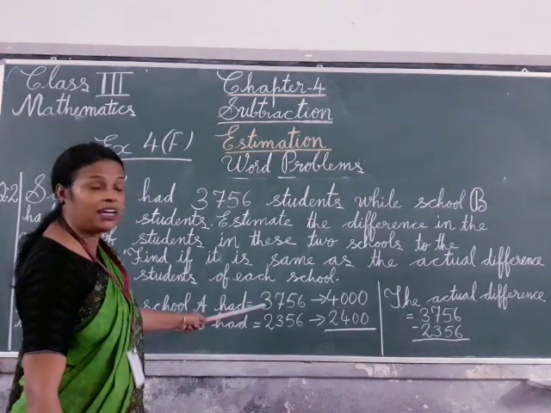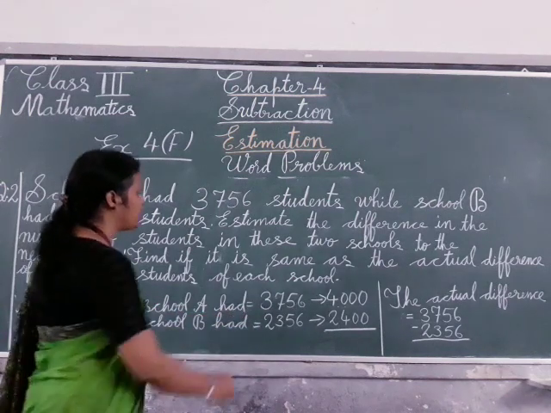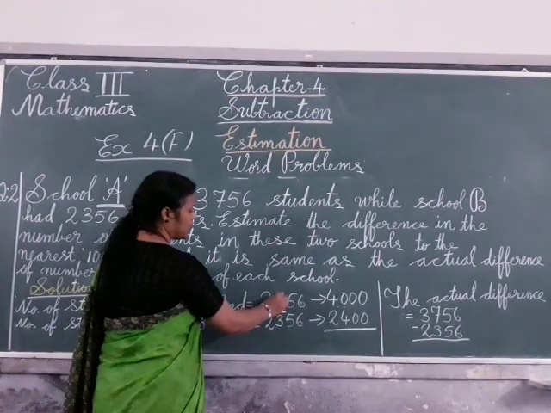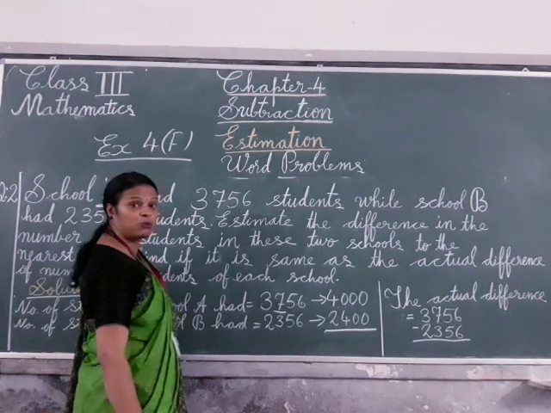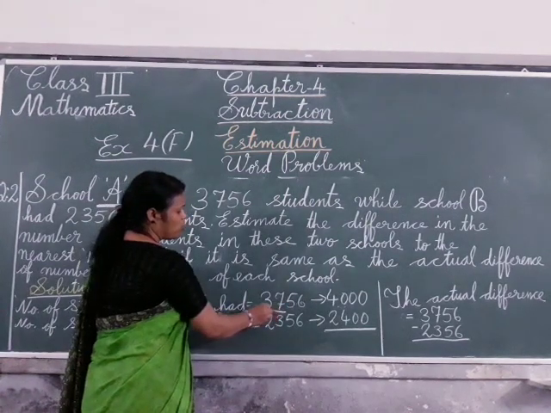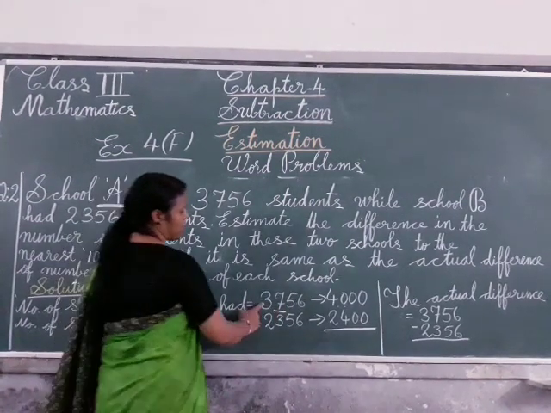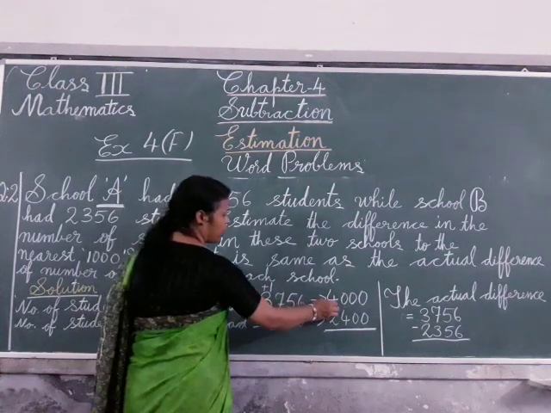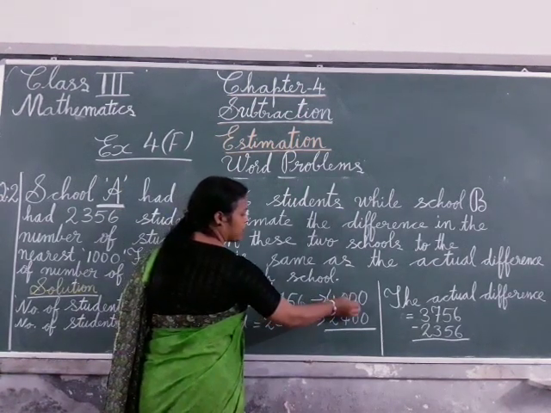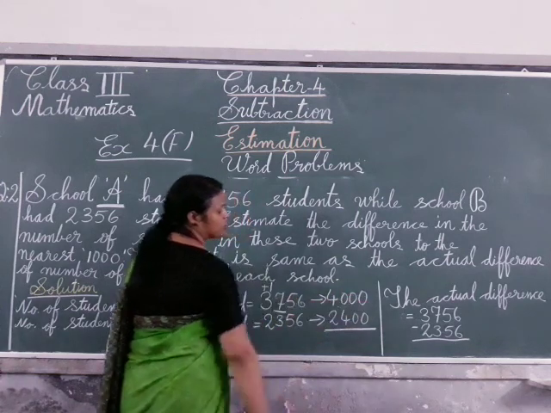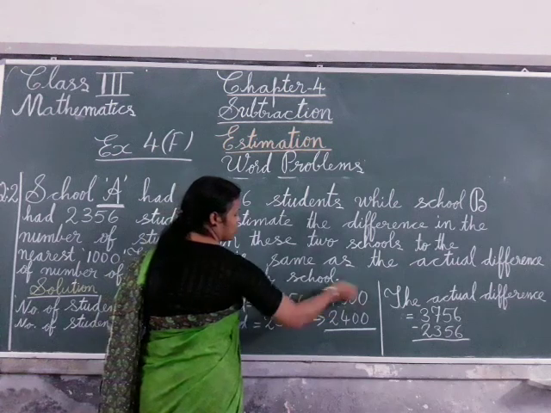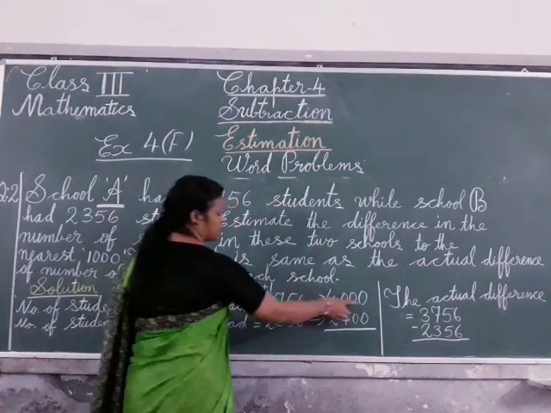When we make the nearest 1,000, we have to consider the number at the hundreds place. At the hundreds place we have 7, which is more than 5. So we have to add 1 to 3, making 4, and at the hundreds place, tens place and ones place we put 0. So the estimation of this number is 4,000.